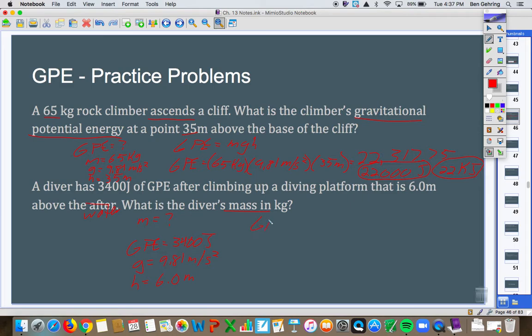Now my equation, GPE equals mgh. I need to solve for m, so I'm going to divide both sides by gravity times height.